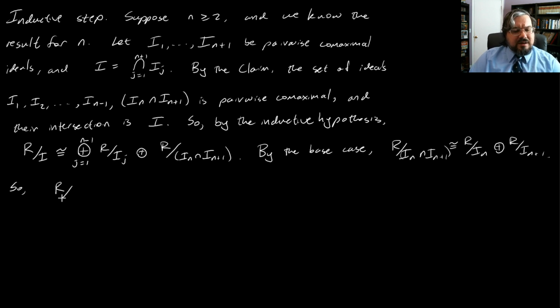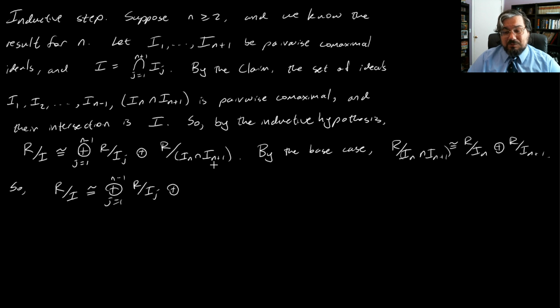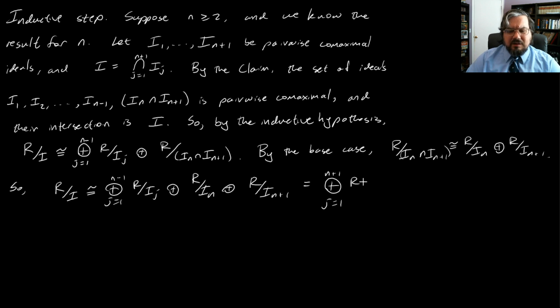So this means that R mod I is isomorphic to the direct product from j equals 1 to n minus 1 of R mod Ij, and R mod In intersect I(n+1), but by the base case, that's isomorphic to R mod In direct product R mod I(n+1). But of course, this is the direct product from j equals 1 to n plus 1 of R mod Ij, which is exactly what we wanted.